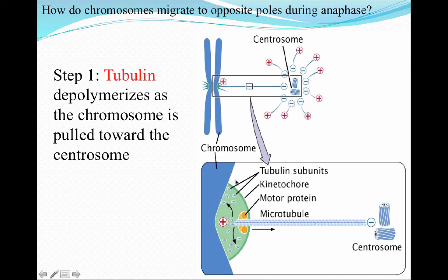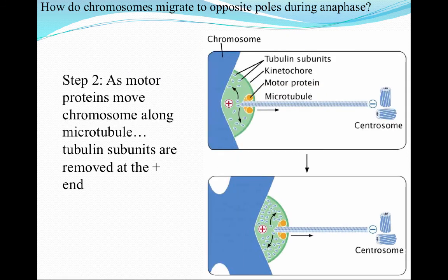If we look more closely at what's going on here, the tubulin is starting to depolymerize, which means that we're going to see movement from the positive side to the negative side because opposite charges always attract one another. As those charges are attracting one another, we are going to be losing tubulin subunits. Okay, so as the motor proteins move along the chromosome, the tubulin subunits are going to be removed at the end so that the strand actually gets shorter and shorter and shorter as we get towards the centrosome.